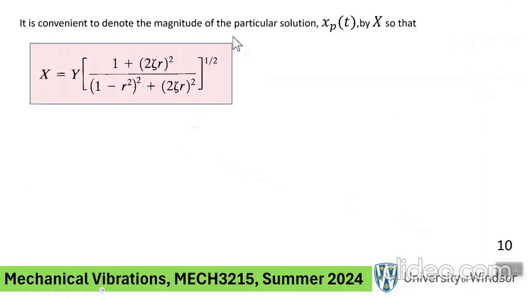So if you do that and patiently factor out omega_n and write things in terms of zeta and r, this is what you're going to get. This is the amplitude of vibration of the base. You know that. That tells you what the amplitude of the vibration of the mass, big X, is in terms of big Y.